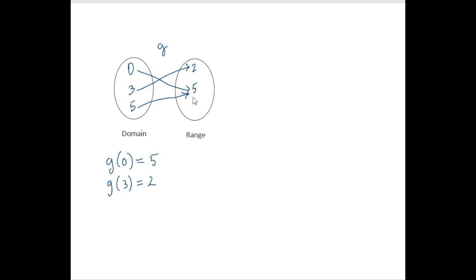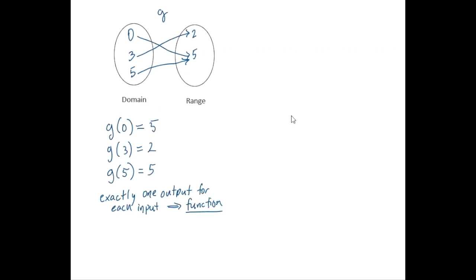That would be the output 5. So if there's no question about which output is assigned to each input, then this represents a function. This satisfies the definition that there is exactly one output for each input, and that makes this a function.